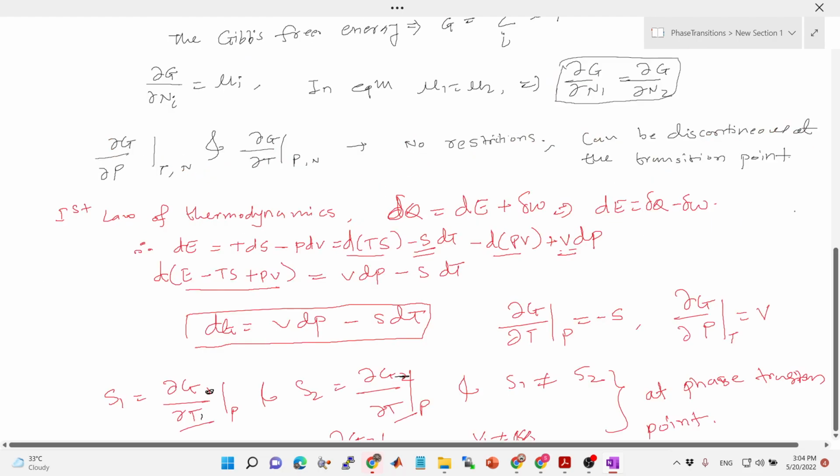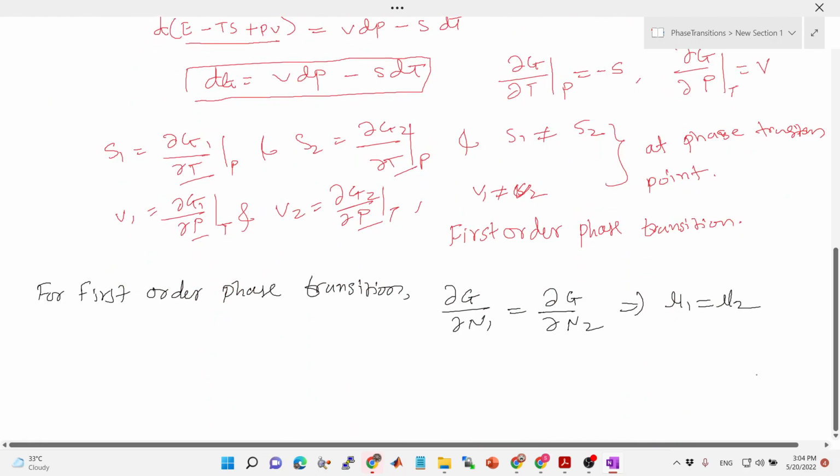The previous one should have G1 and G2 only. And what are the other conditions? That S1 should not be equal to S2 and V1 should not be equal to V2. You can always convert this V in the form of P as well.